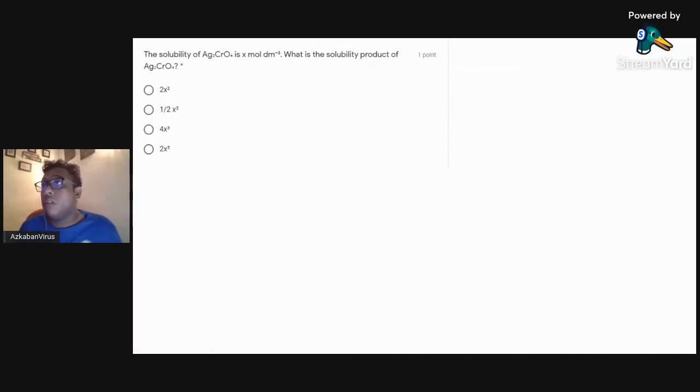Next one. The solubility is X mole. What is the solubility products? Ini senang je ni soalan ni. Alhamdulillah. Ag2CrO4 solid dia akan jadi Ag plus tambah CrO4 2 minus. So ini adalah 2.